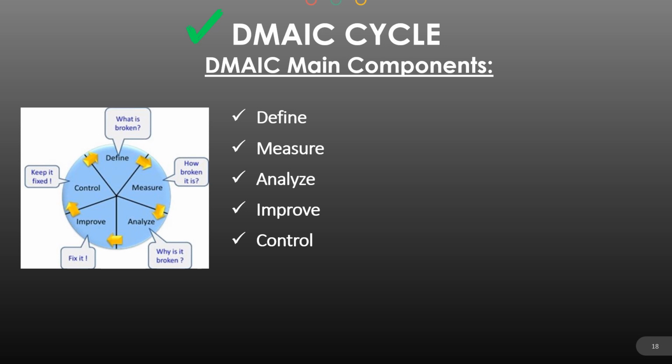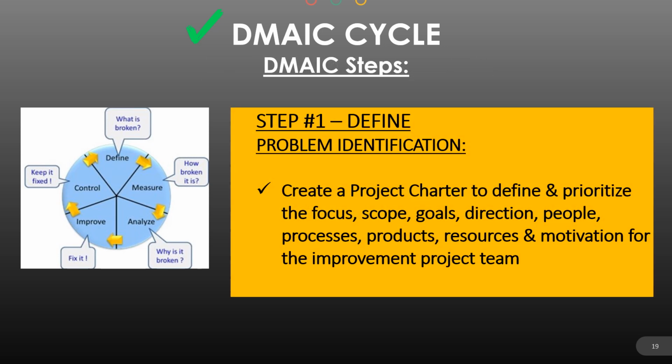DMAIC main components: define, measure, analyze, improve, and control. Step 1. Define. Problem identification. Create a project charter to define and prioritize the focus, scope, goals, direction, people, processes, products, resources, and motivation for the improvement project team.